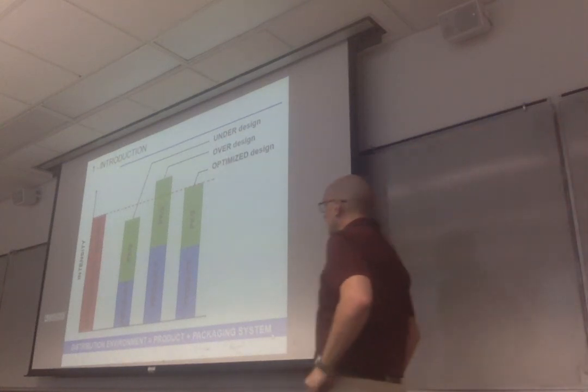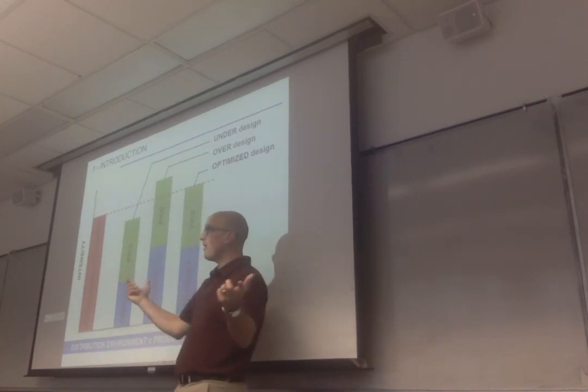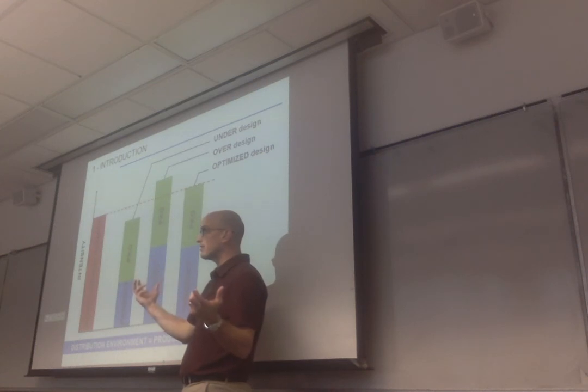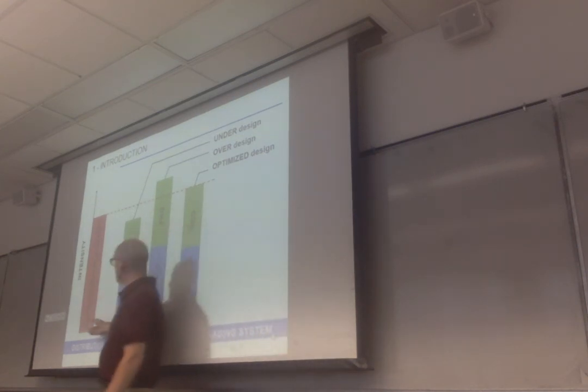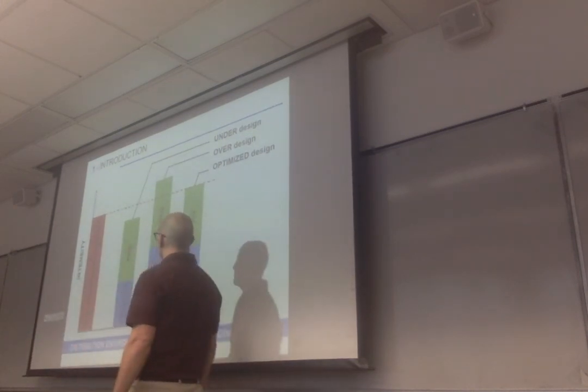The combination of your product, remember you need to know the product, you need to know the environment to design, and the combination of the protection from the packaging system and the characteristics of your product together must equilibrate with the environmental hazards.